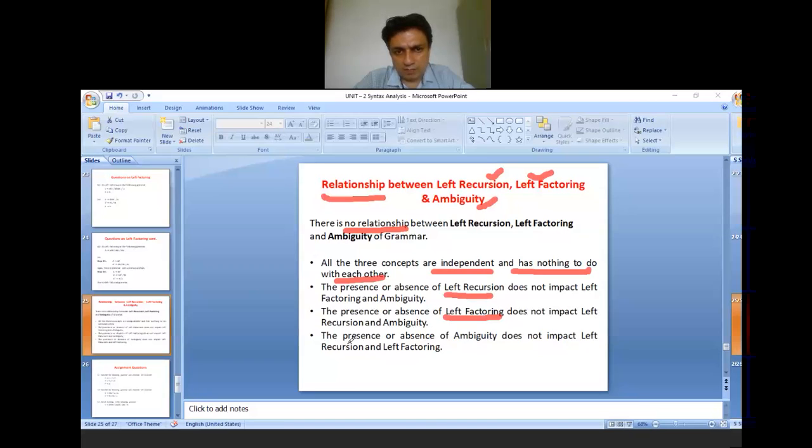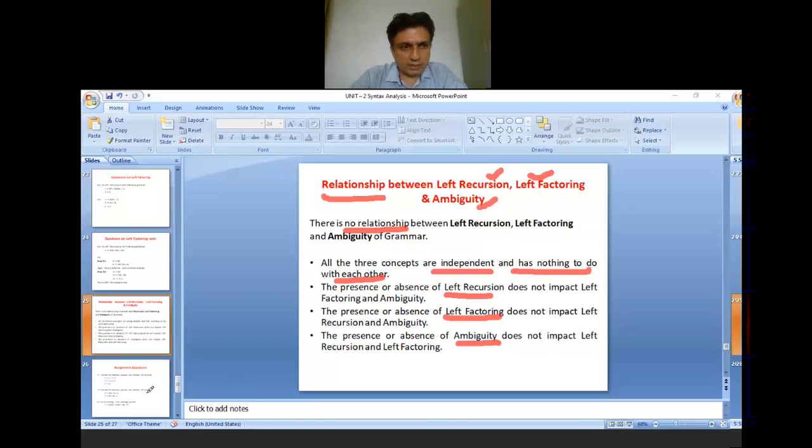And in the same way, the presence or absence of ambiguity does not impact left recursion and left factoring. So these are the different forms you can write the same language. But basically, you need to remember that there is no relationship between left recursion, left factoring, and ambiguity. All are independent of each other.